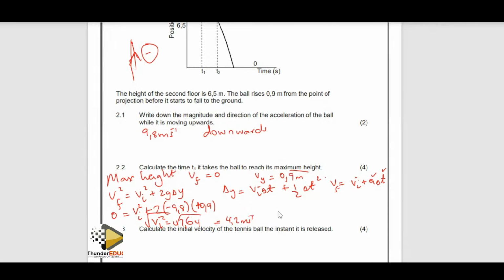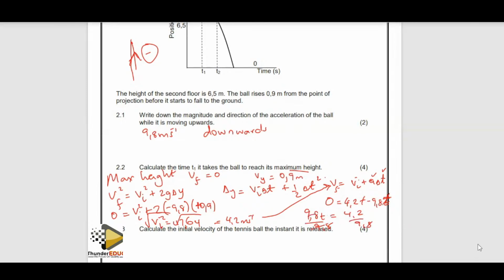So having obtained the initial velocity, I can use the first equation of motion, and say my final velocity is 0, my initial is 4.2 plus negative 9.8 t. I hope that makes sense. If I transpose, I have 9.8 t is 4.2. Divide by 9.8 over 9.8.